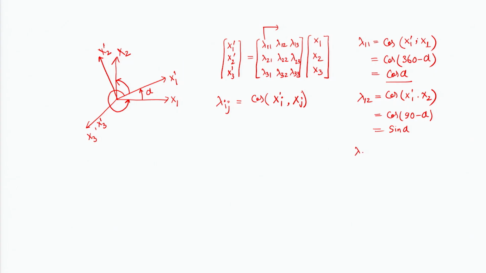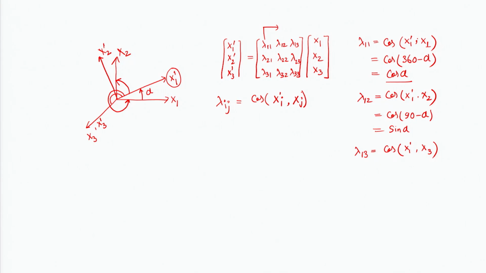Similarly, I go with lambda 1 3 in the problem. This happens to be the cosine of the angle between x1 prime and x3 of the given system. If you recall, x3 is still normal to the given x1 x2 plane, or x1 prime x2 prime plane. I cannot show it on the given plane, but you must understand that if x1 and x2 are in the plane, x3 will be coming out of it.